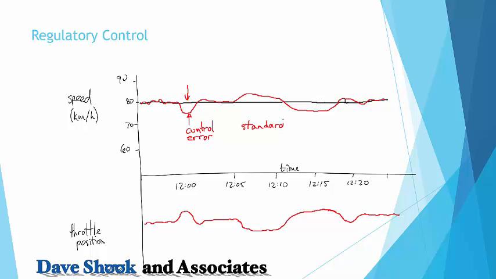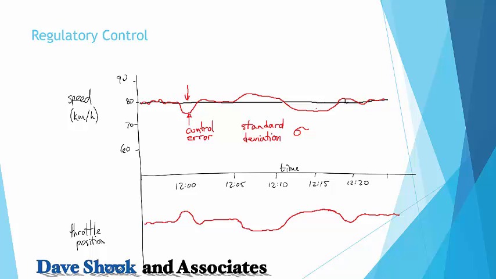That doesn't do us much good necessarily, because the problem is that the standard deviation depends entirely on how large the disturbances are, as well as how well the controller is configured and behaving. So measuring regulatory control performance is actually a very complex field.